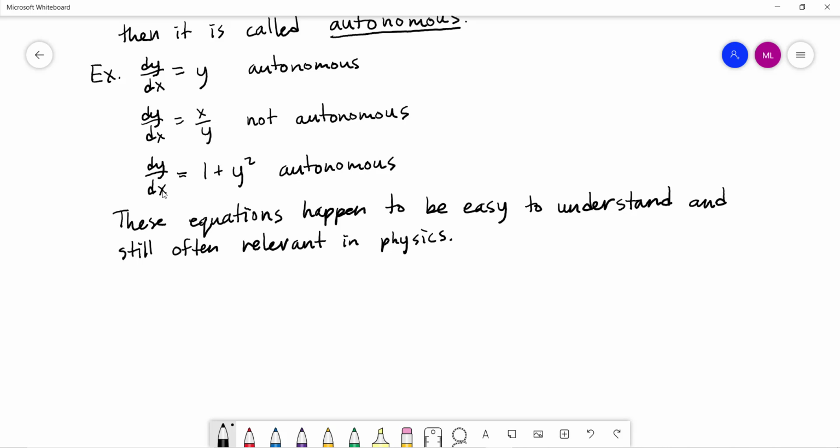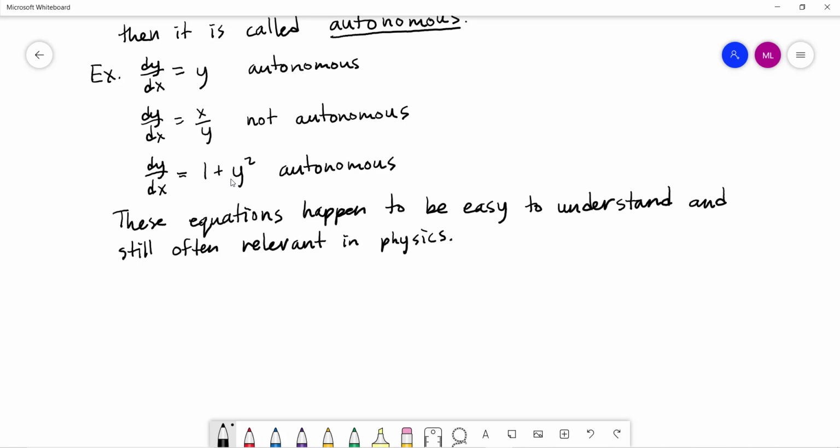We're talking about something changing over time. In this case, the idea is that your rate of change, your dy dx, or in the case of physics, maybe it's dy dt, if it's only a function of y, it depends only on the current state. It is not time dependent.